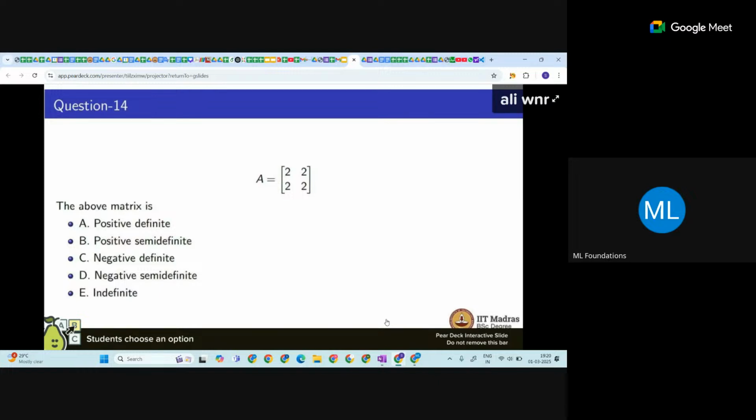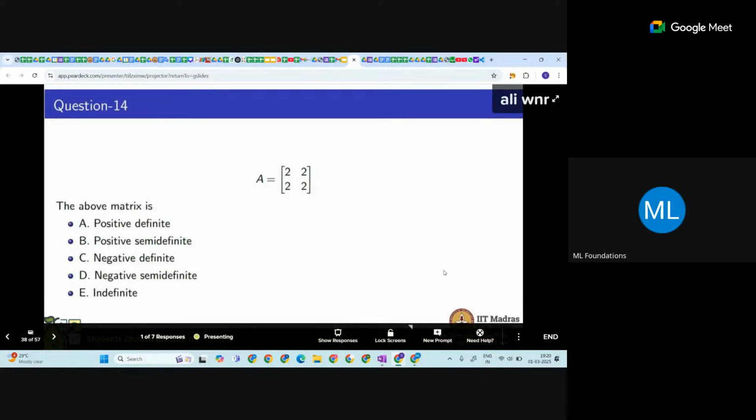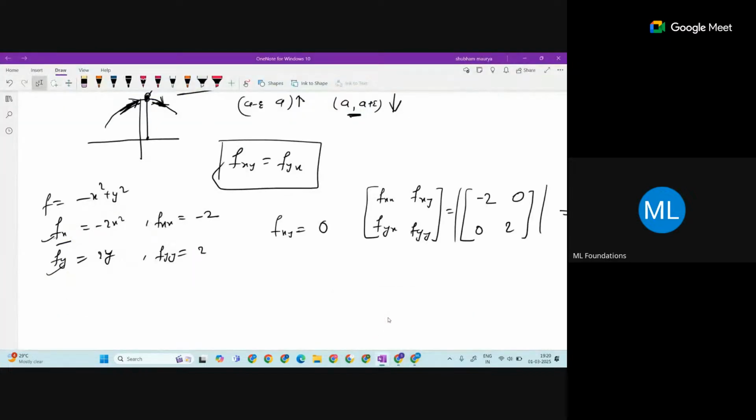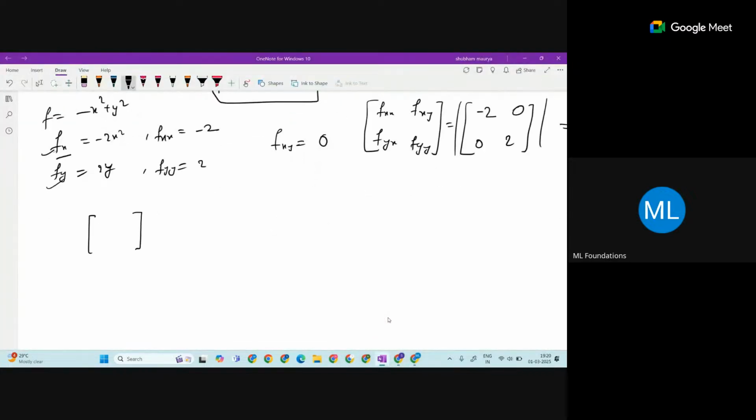How will we check this? Definiteness actually comes from eigenvalues. If you have a matrix and calculate its eigenvalues lambda_i, and all eigenvalues are greater than 0, then it is positive definite. If they are greater than or equal to 0, then some may be 0, so it is positive semi-definite.